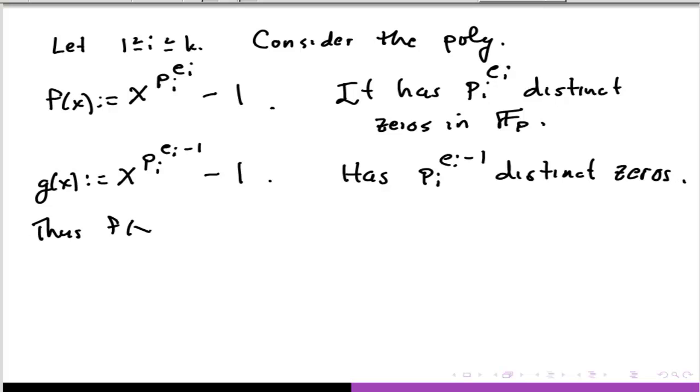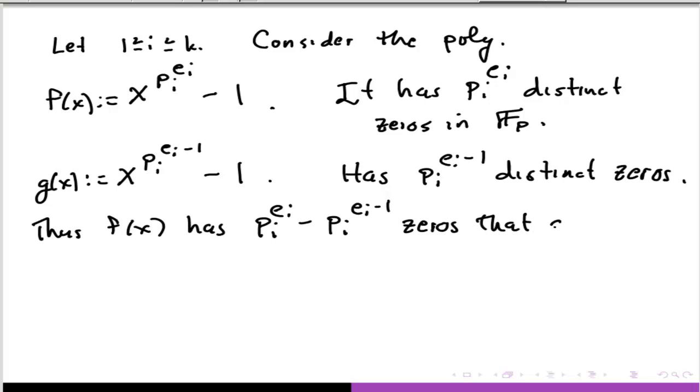Thus, f of x has this many zeros, which happens to be the Euler phi function, zeros that are not zeros of g of x.